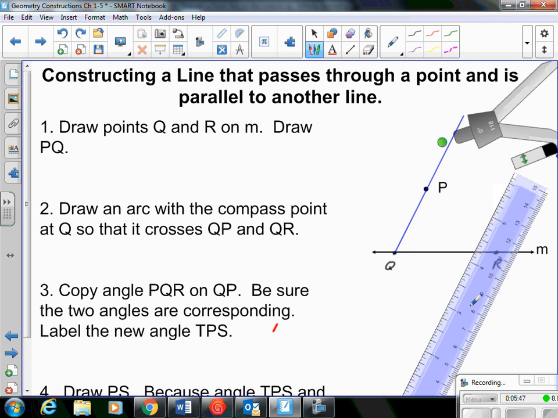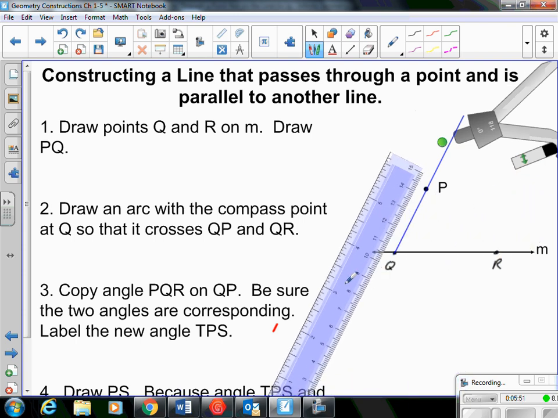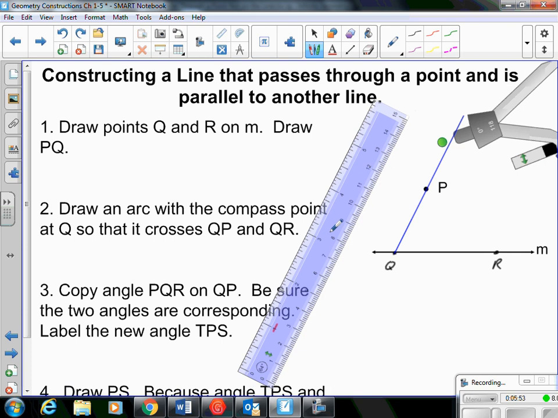Alright, so now I'm going to draw an arc with the compass point at Q so that it crosses QP and QR.